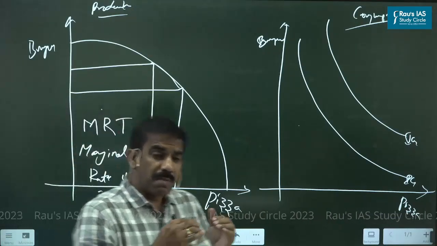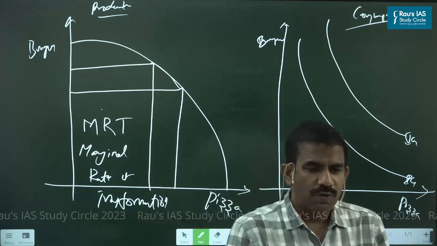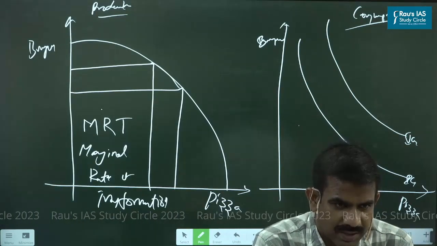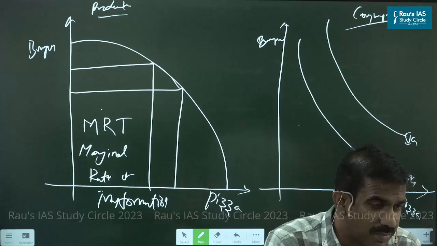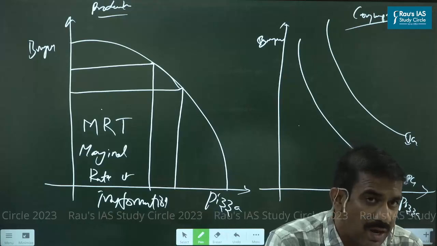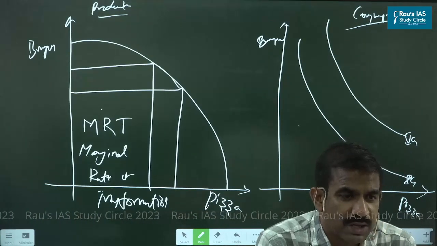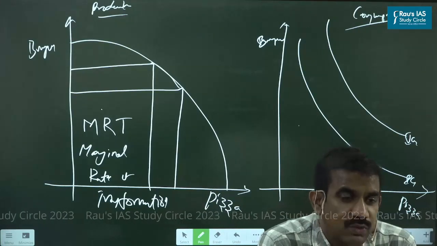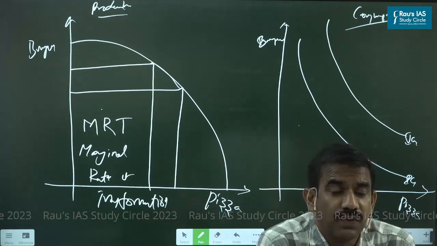So it does mean the number of pizzas you need to forego for an extra burger, or the number of burgers you need to forego for an extra pizza, isn't it? Because you are transforming burger into pizza or pizza into burger. But you cannot produce unlimited quantity of both the things because the resources are limited. Clear now? And that's what is measured as the marginal rate of transformation.